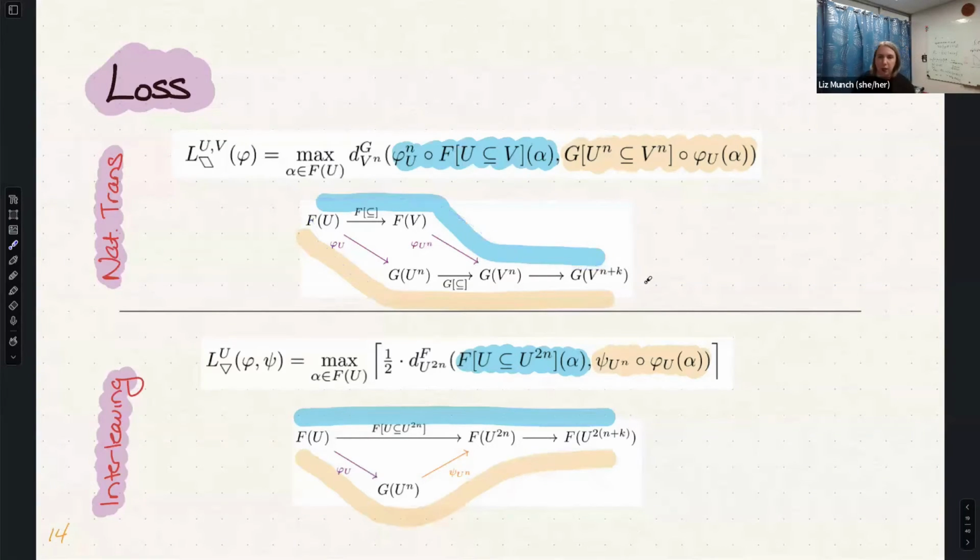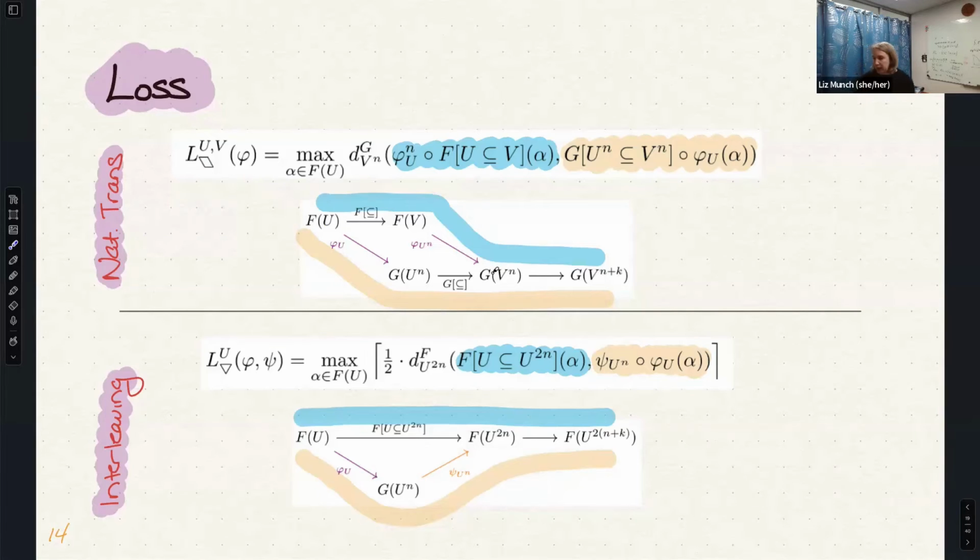That's what I mean by this L sub parallelogram UV. The idea with this notation is that U and V were the chosen open sets, parallelogram denotes that I'm doing the parallelogram version, and phi is the only unnatural transformation involved.